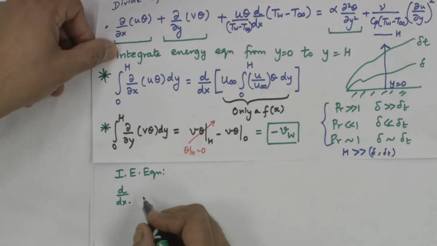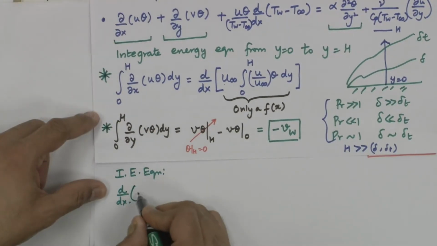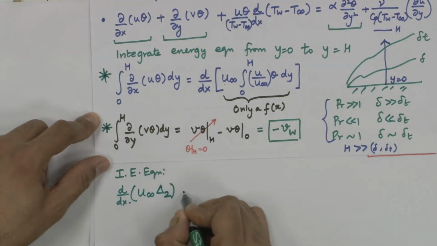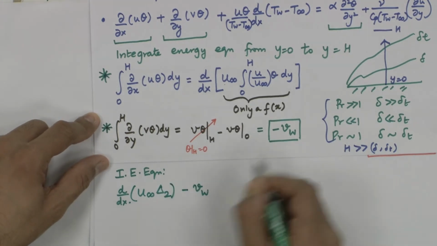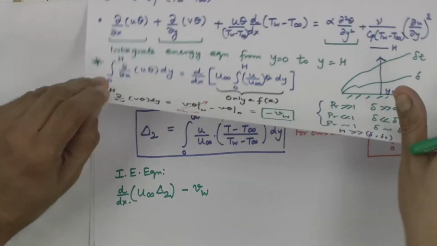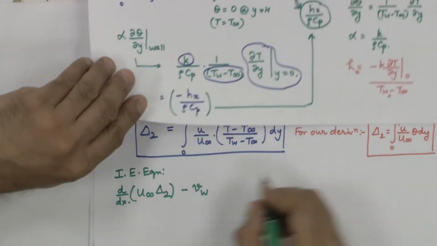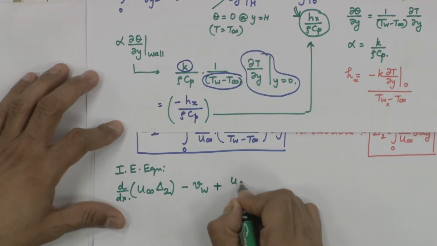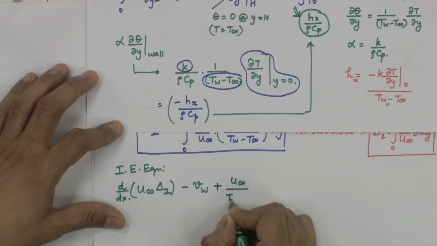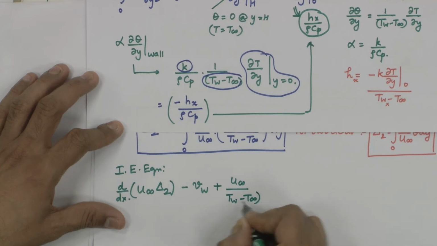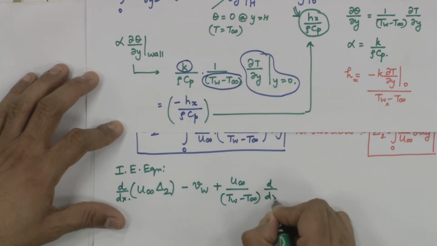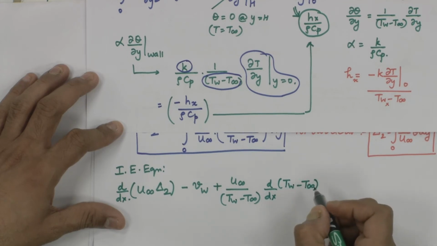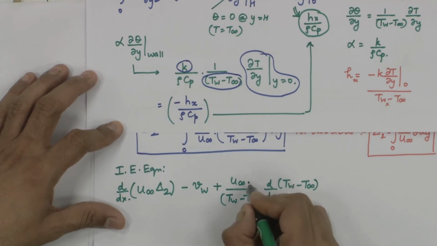So, d by dx of u infinity as it is, this integrand is delta 2. The second term is minus Vw as it is. The third term is u infinity by Tw minus T infinity, d by dx of Tw minus T infinity times delta 2.